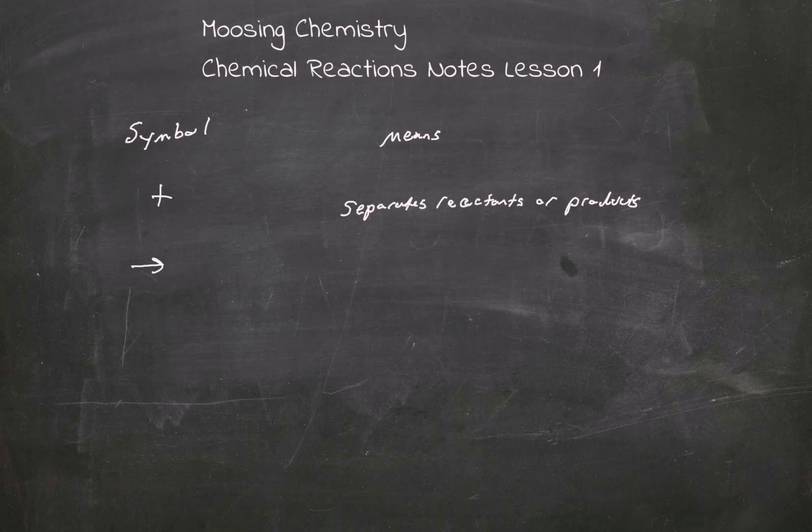This arrow sign means yields or forms. That's what it means, yields or forms. Okay? You might see this symbol.